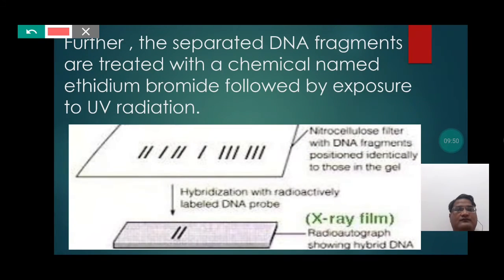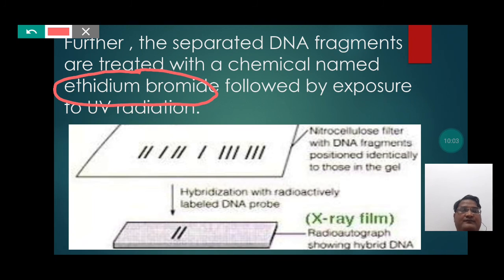So students, further the separated DNA strands according to their length and weight are treated with ethidium bromide followed by exposure of UV radiation.